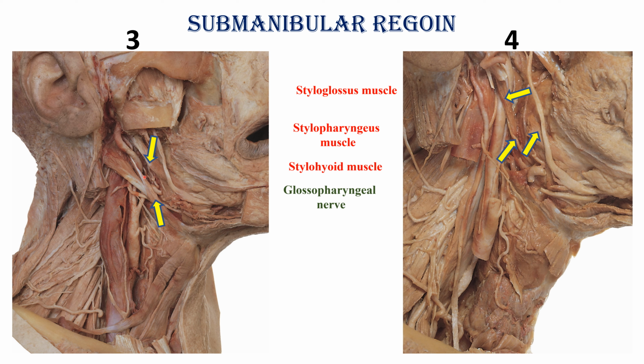The glossopharyngeal nerve is seen. That is the stylopharyngeus muscle here. That's the glossopharyngeal nerve. You can see it very clearly here, coming from the deep aspect of the stylopharyngeus to become along its lower border, to be along the posterior border of the hyoglossus.